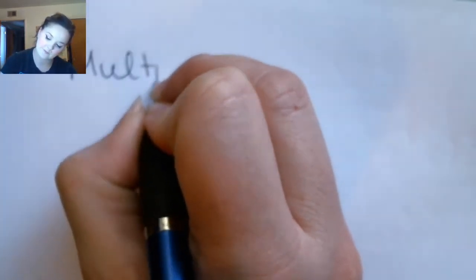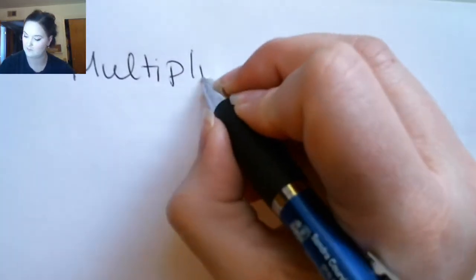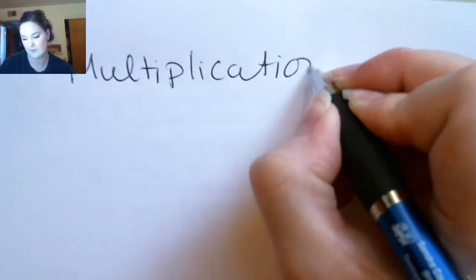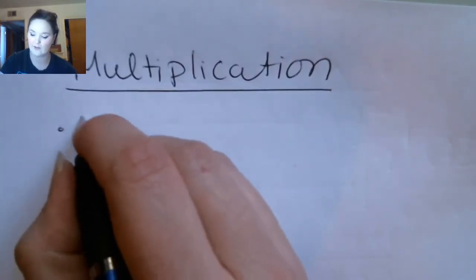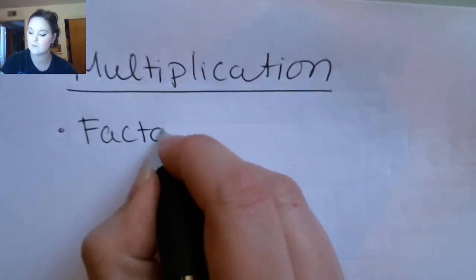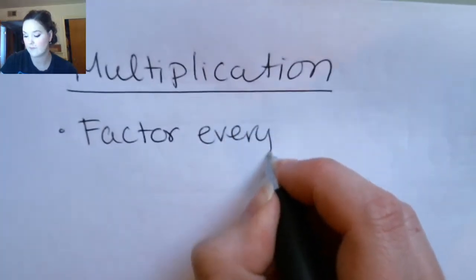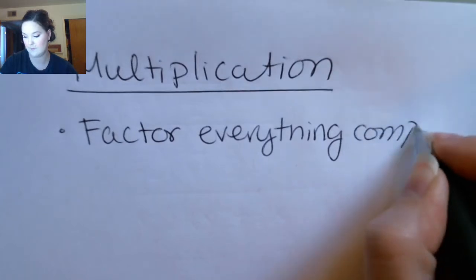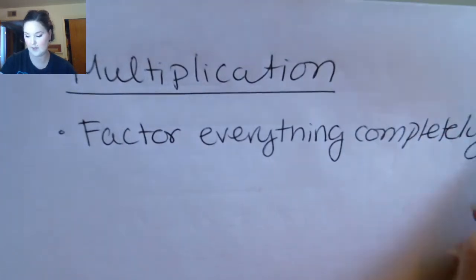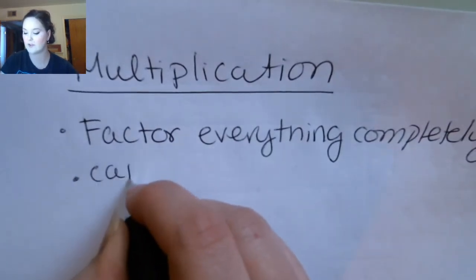Okay, now let's talk about multiplication. Okay, so the steps are very similar, so we're going to start by factoring everything. Okay, then we're going to cancel common factors.